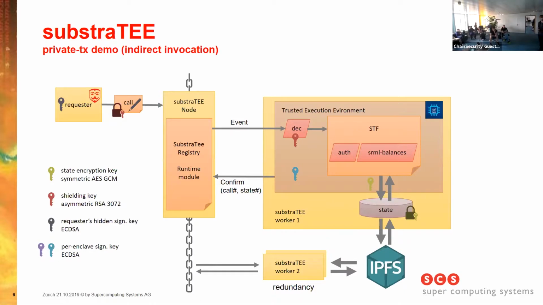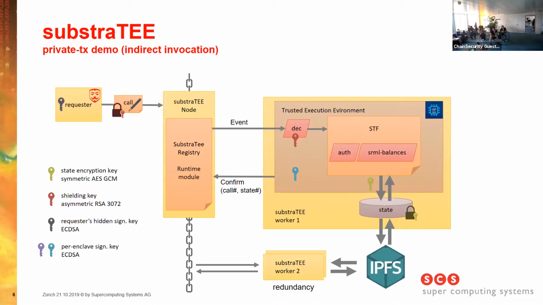Now, what we delivered as a demo is this private token transfer, and the way it works is we have a call like transfer such and such from Alice to Bob, and then we encrypt the entire call and supply it to the blockchain as the payload of another transaction.